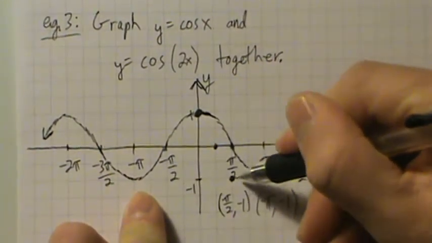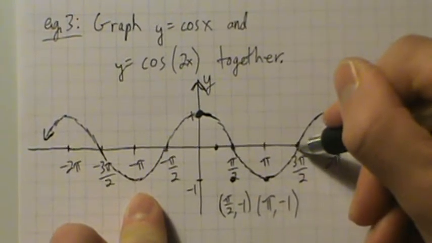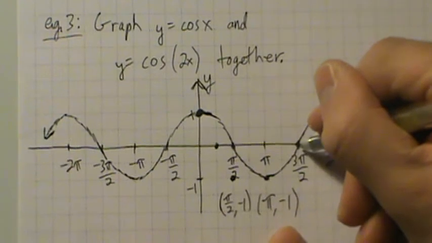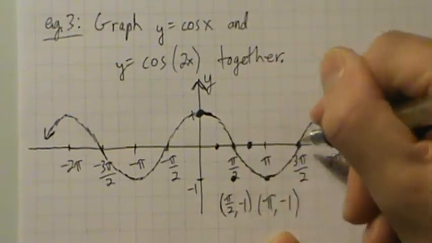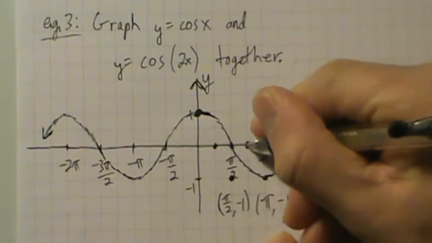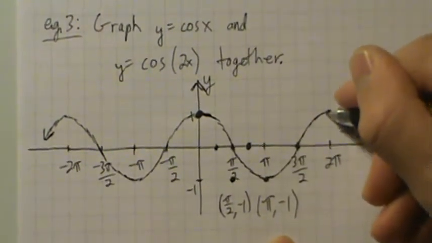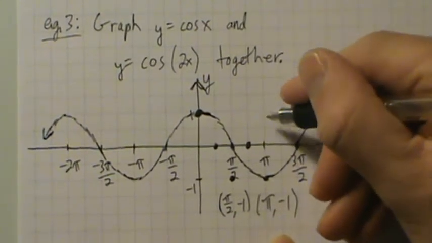This point over here becomes this point. 3 pi over 2 gets divided by 2, so it becomes 3 pi over 4, which is over here. So this point becomes this point right here. And 2 pi, comma, 1, divide the x-coordinate by 2, that's going to become pi, comma, 1.